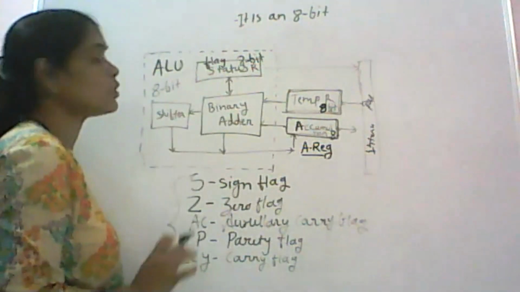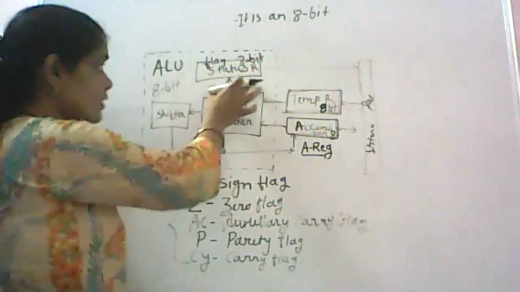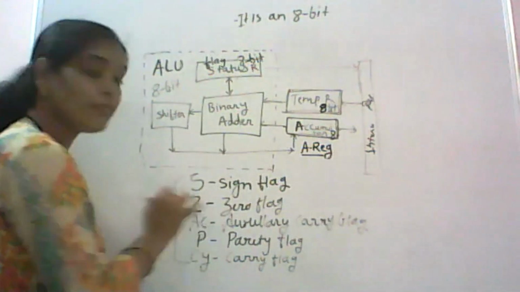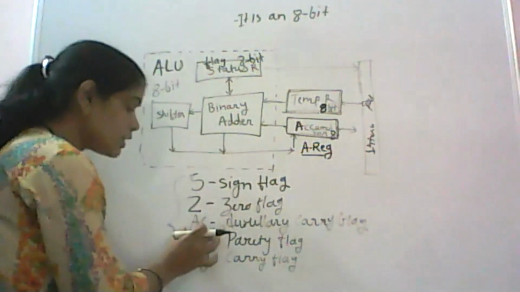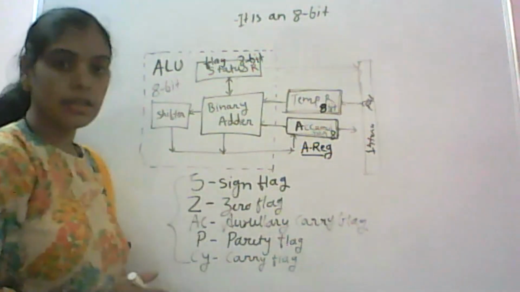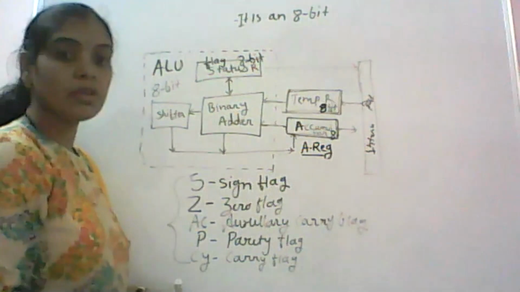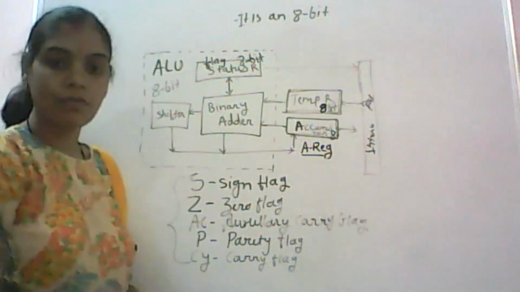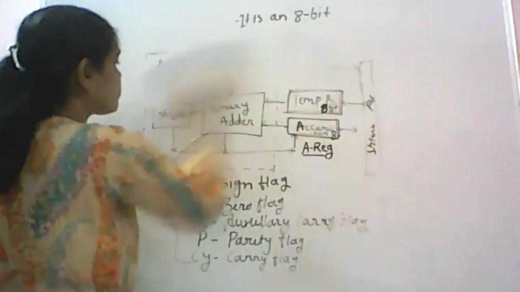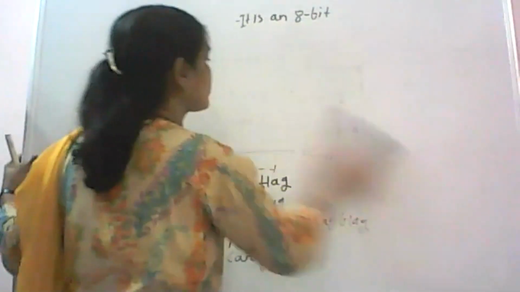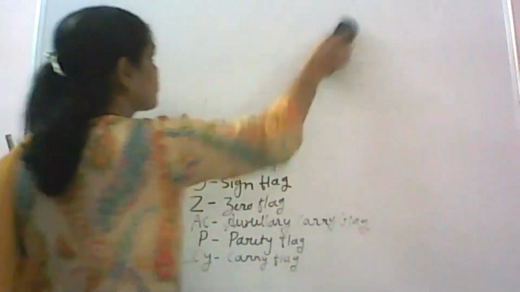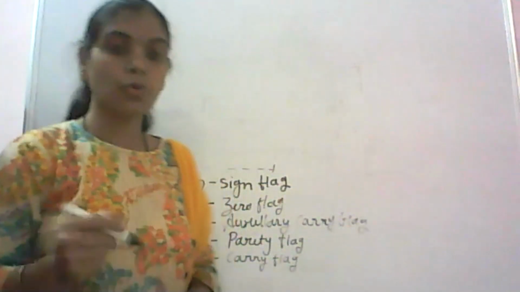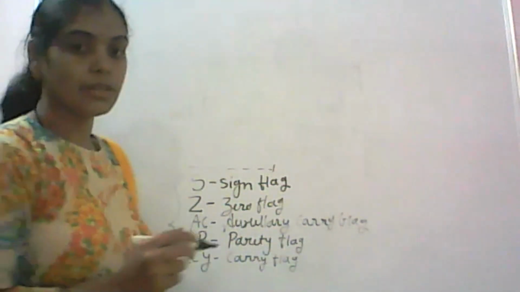Now we see the status register or flag register, also called status register. The 8085 has 5 flags: sign flag, zero flag, auxiliary carry flag, parity flag, and carry flag. We see one by one each flag, first starting from sign flag. In the flag register, only 5 flags are active in 8085.